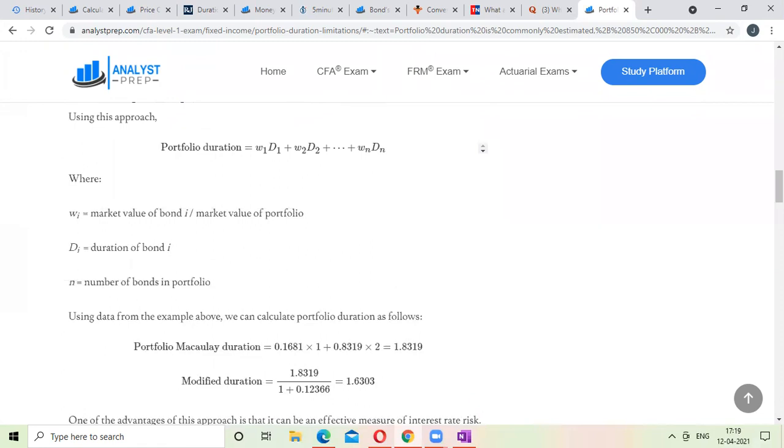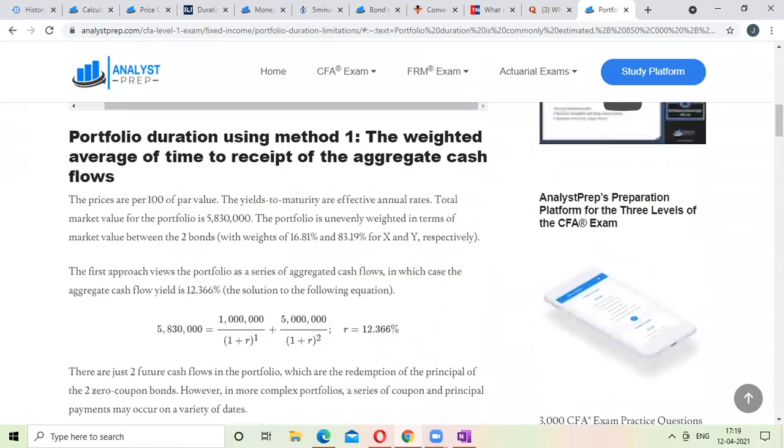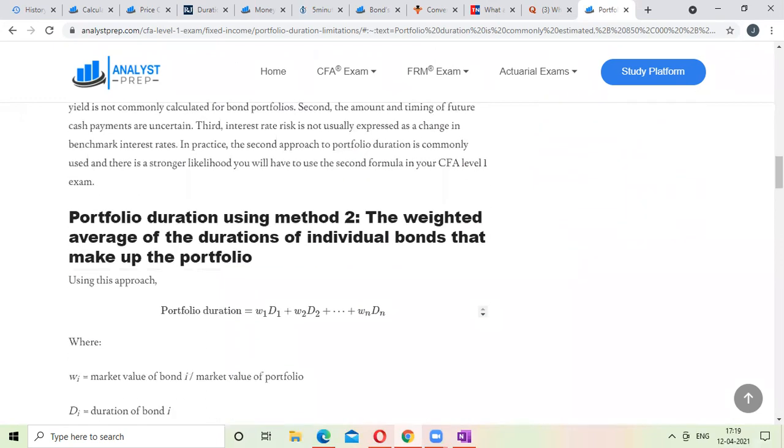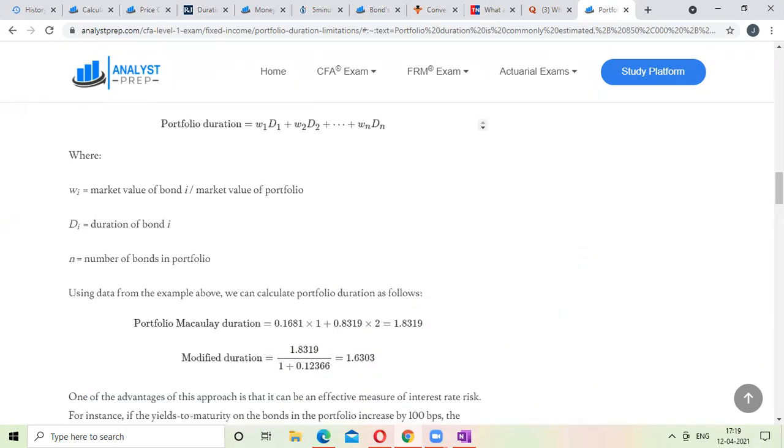They have given you the macular duration 1 and 2. Just plug and play, directly take the weight, multiply by the duration. This is the weight of the first one into the duration it has, weight of the second one into the duration it has, you get the portfolio macular duration, divide by 1 plus yield to maturity, you get the modified duration. That's it.